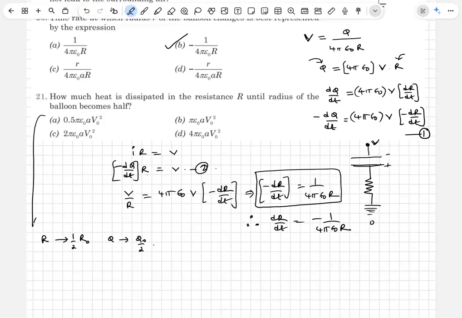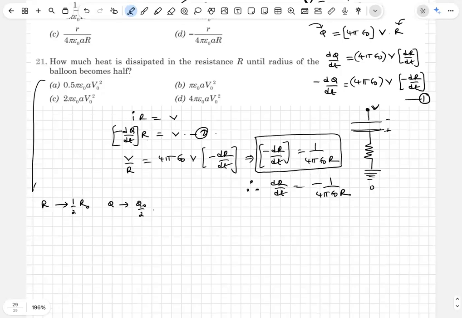So therefore, what was the energy initially? It's Q square by 2C, that is the initial energy. Or else you can write this as half capacity C. You took this as a sphere, so it is half times 4 pi epsilon naught R V square.